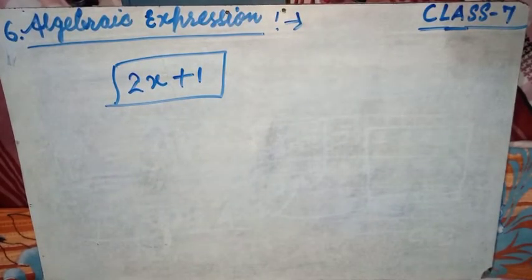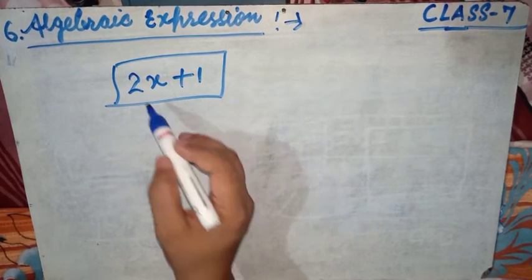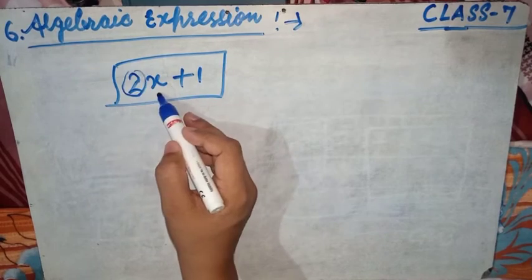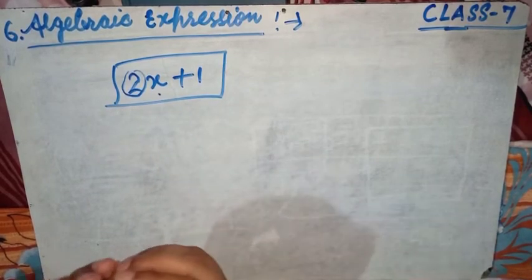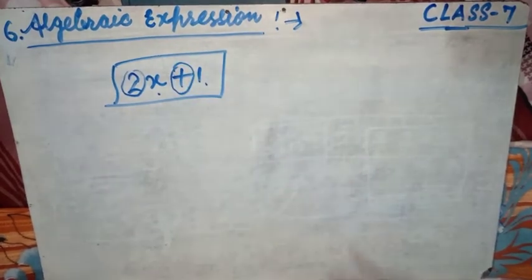I have already talked about the definition of algebraic expression as a combination of constants. Here is the constant and here is the variable. This is the combination. Here is also a constant and there is one operation, addition.